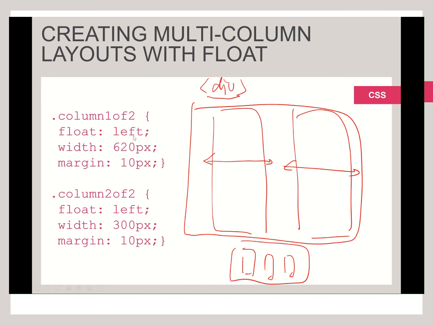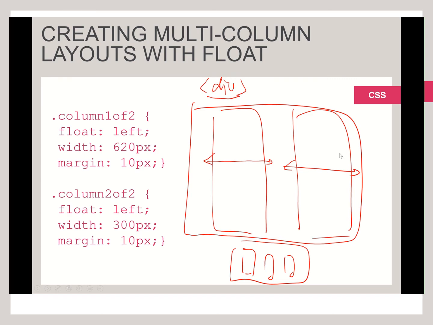Float to the left, width 620 pixels, so this one is relatively wider. Margin means in between, we allow 10 pixels on each side. The column 2 is also floated to the left. If we have space, we can put it there, and its width must be 300. If we can fit the 300, we put it here, otherwise we put it on the next line.